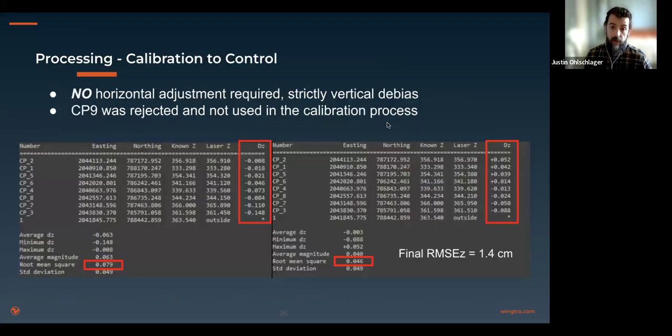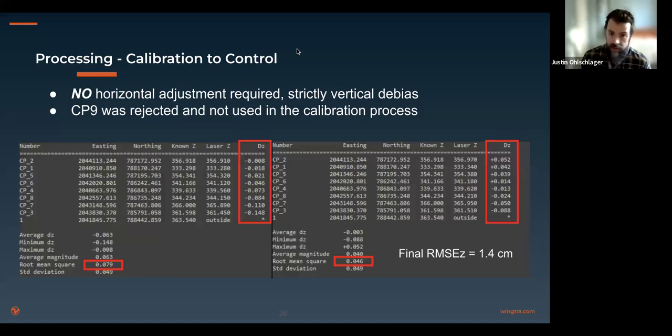From there, we wanted to see how well the data set was hitting to our control points, which Robbie talked about earlier. I'll just touch on the one key finding that we found, that the initial accuracies, like most LiDAR data sets, usually vertically, need to be debiased in some way. That means adjusting the LiDAR point cloud to our control points.